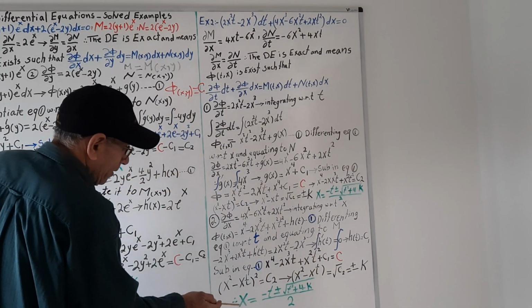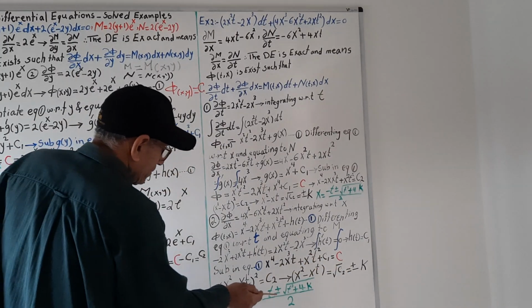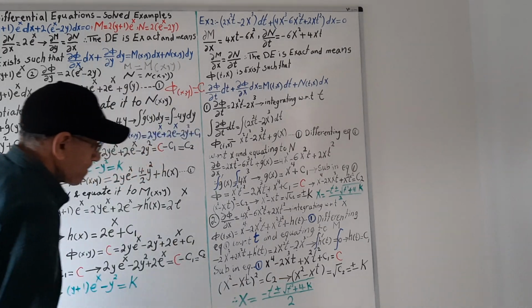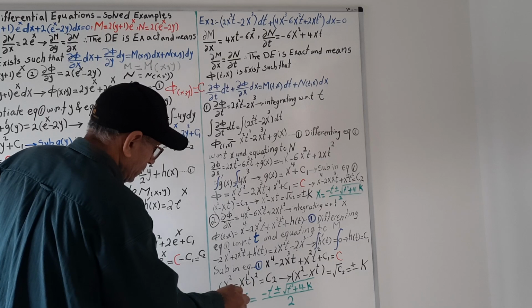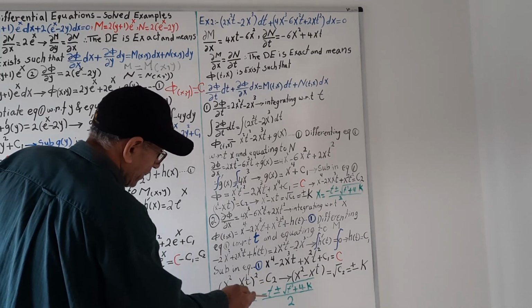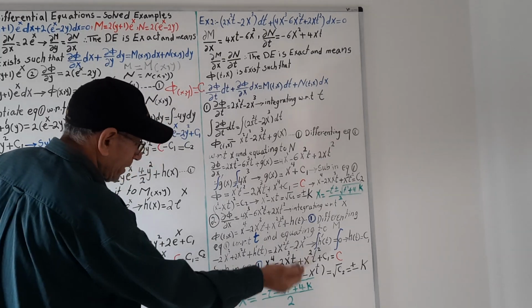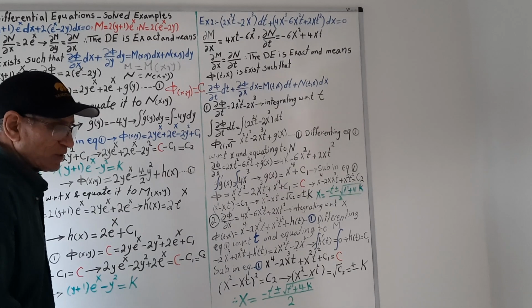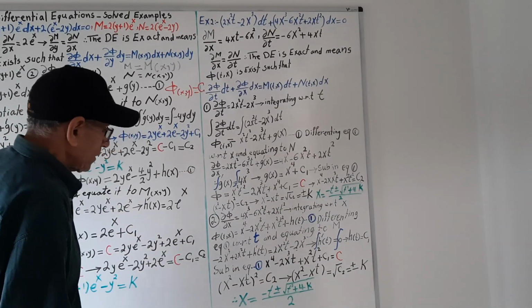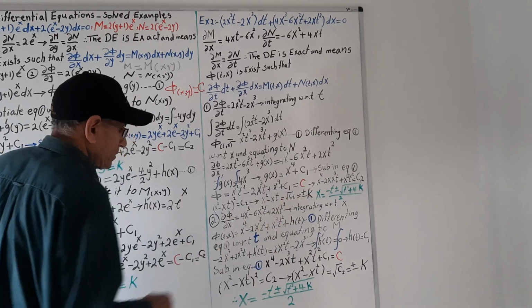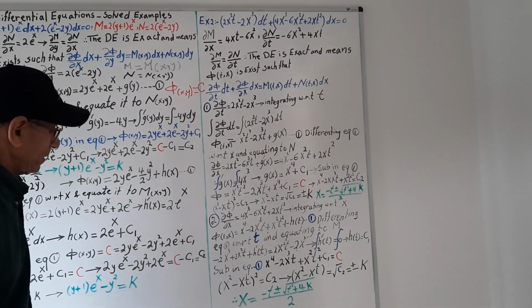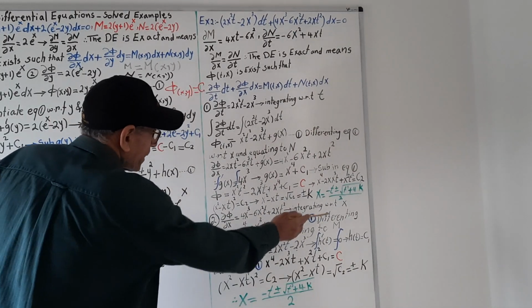Here is our final solution. This is an explicit solution, not implicit, because we just have x on one side and all the t's on the other side. So here we see this is the same result, the same solution, the same x equal the same here and here.